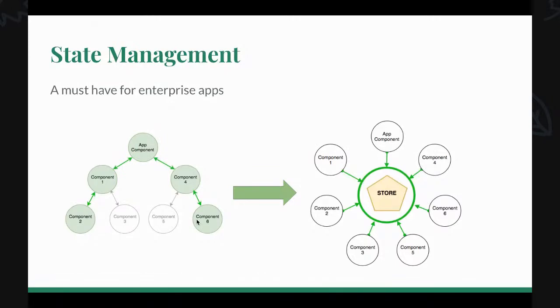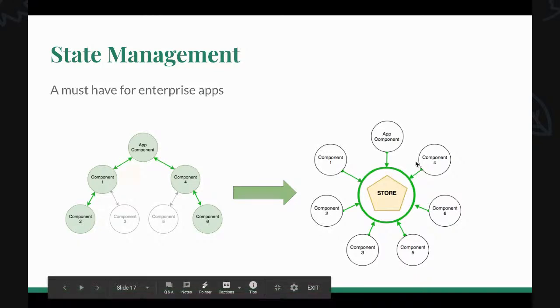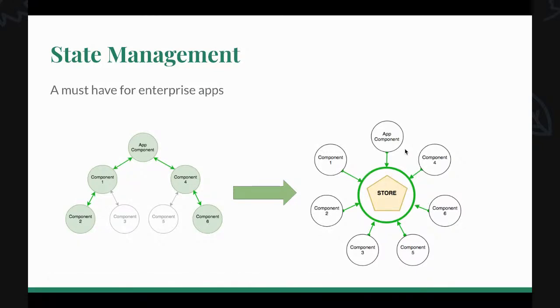Now, the way we need to think about it, especially with state management, is with the picture on the right side. You need to think of it in a very decentralized way. All components, all the pieces of UI, are just there, and they're talking to something called a store.